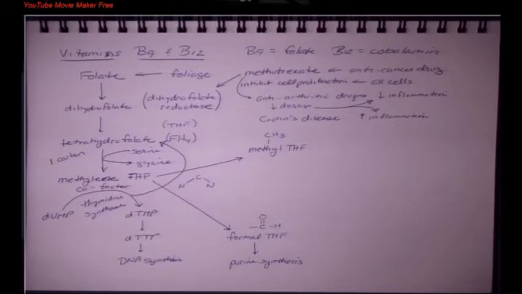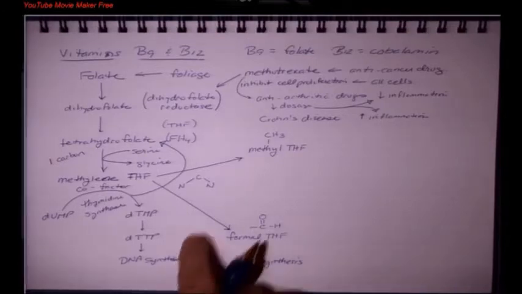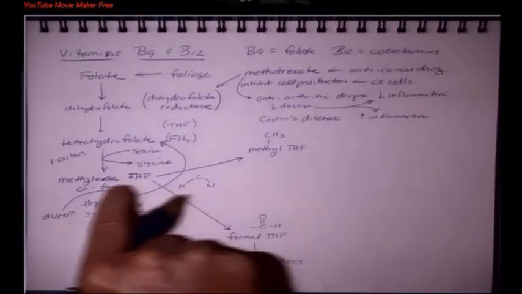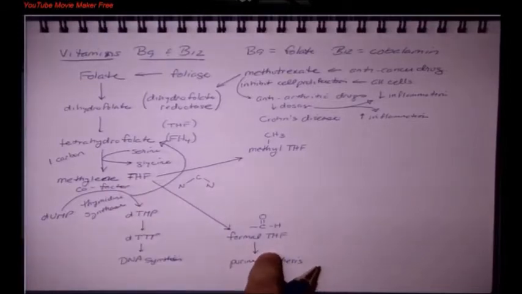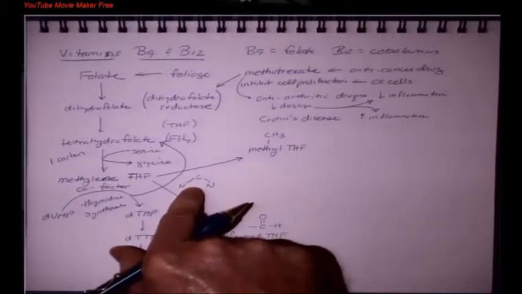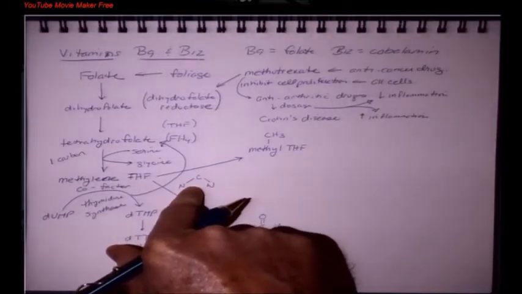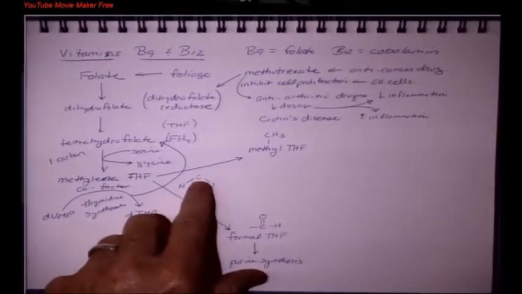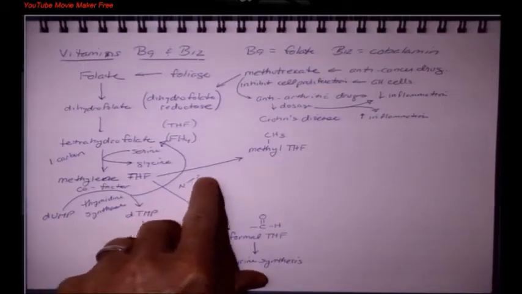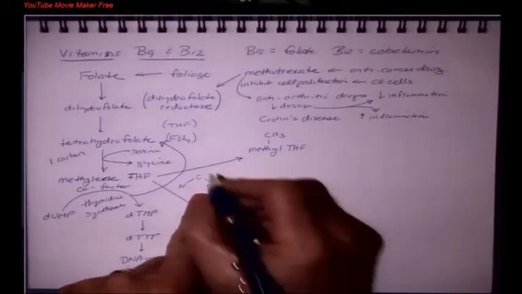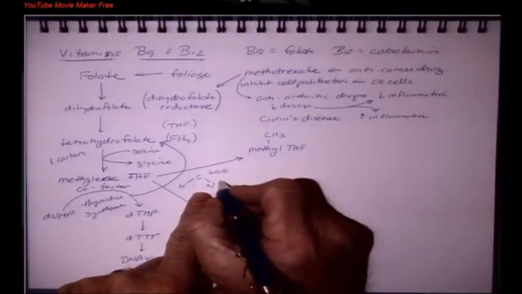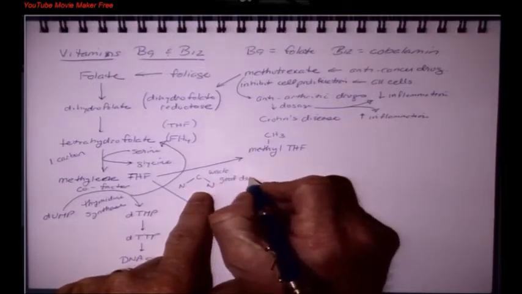In order to perform one carbon transfers, the carbon which is being donated by either the methylene or the formyl forms of tetrahydrofolate have to be, going back to chemistry, good leaving groups. Good leaving groups mean that that carbon has to be bonded very weakly. Okay? So a carbon in this form with two bonds coordinated by nitrogen is an exceptionally weak bond. So that makes this a good donor of carbon.